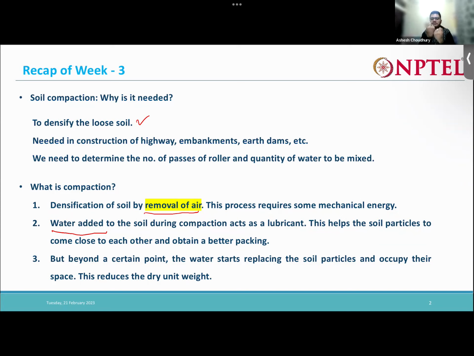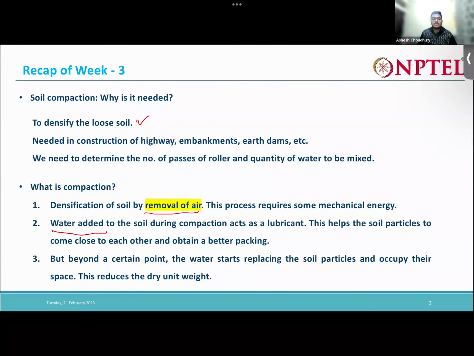So we add water, and after adding water, we allow our roller to pass. Due to the lubrication, the friction between the particles reduces, so they are able to slide amongst each other more easily and obtain a compacted or densified state. So water helps as a lubricant.